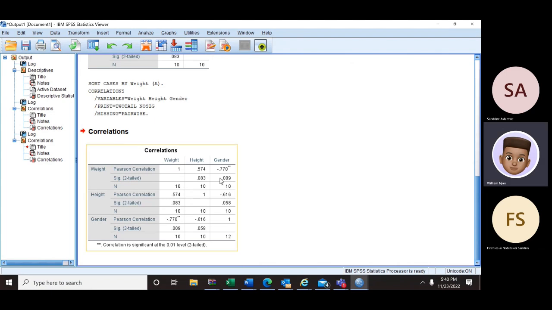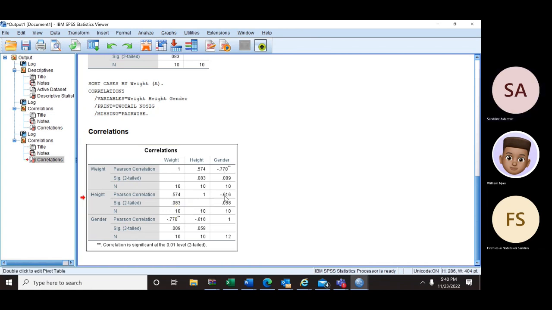Now you see it has added the gender both column-wise and row-wise. And now the values are even changing. You're having negative values, and it now has some asterisks on some of the values.